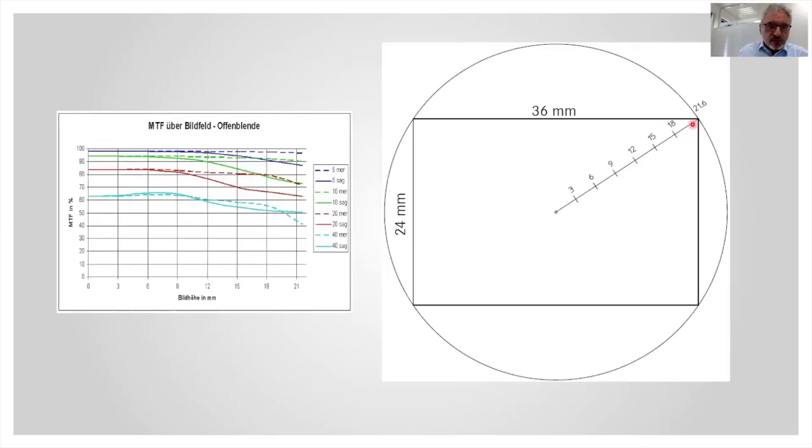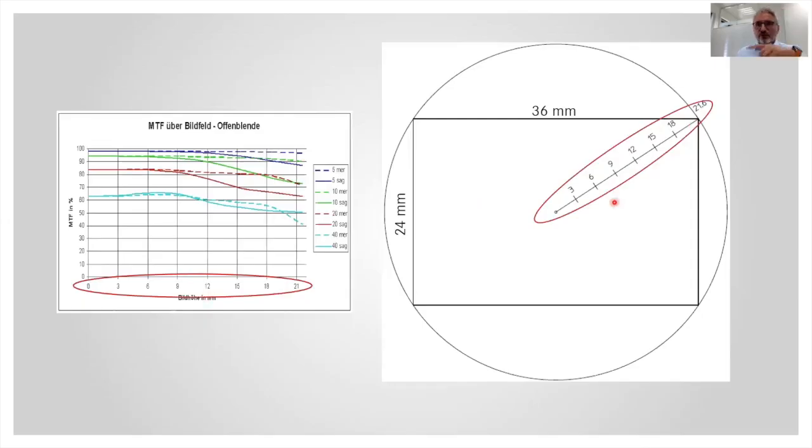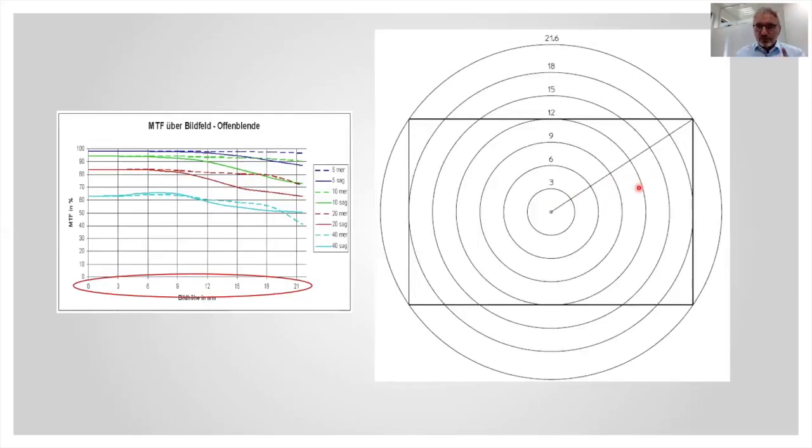Due to the fact that we have rotationally symmetric systems, we can say image height 12 belongs to this circle here, and image height 15 belongs to this circle, which is cut by the sensor, and so forth. And 21 is the edge, which you can find only in these areas.